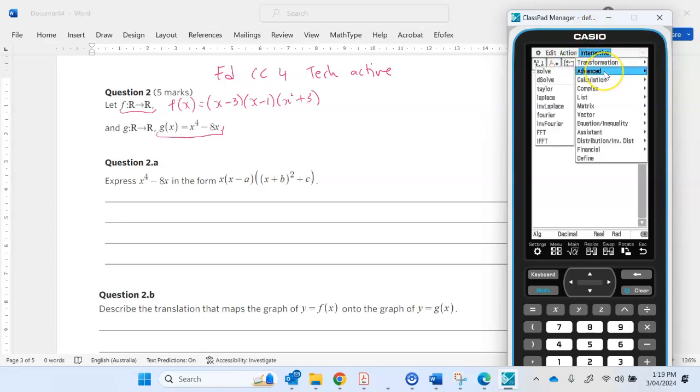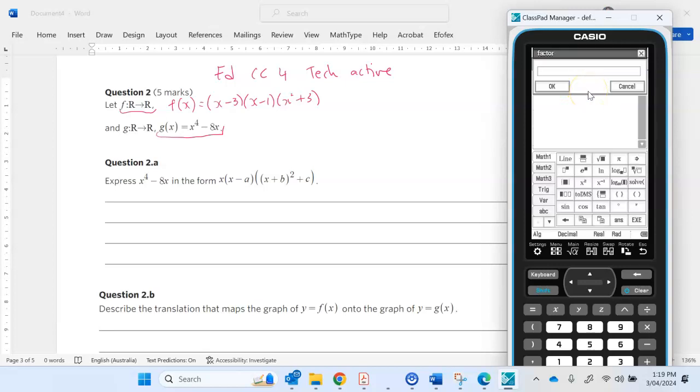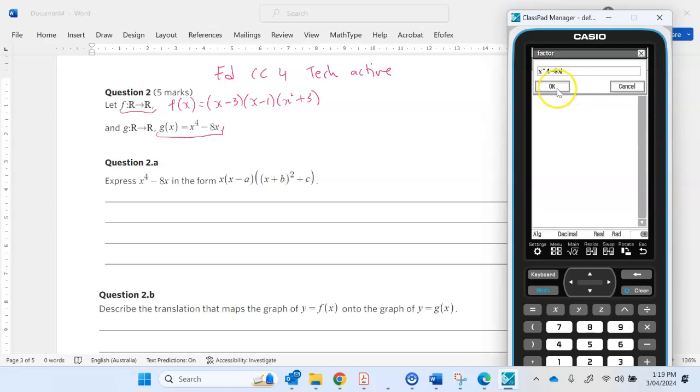All right, so we want to factorize, and I'm going to find which menu it is. We want to factorize the x to the power of 4 minus 8x. All right, so there it is, and it looks the same as this, but not entirely.